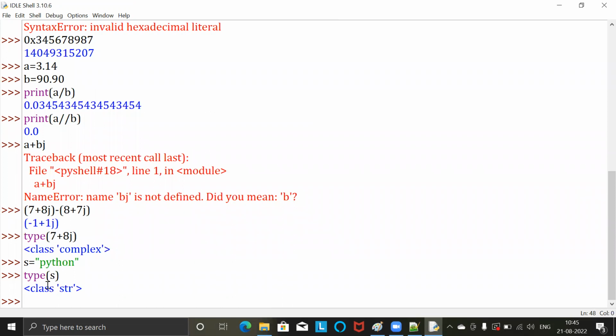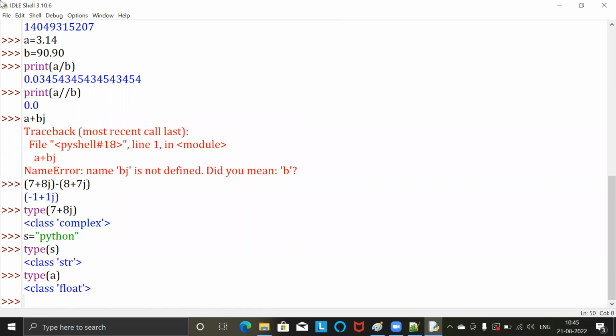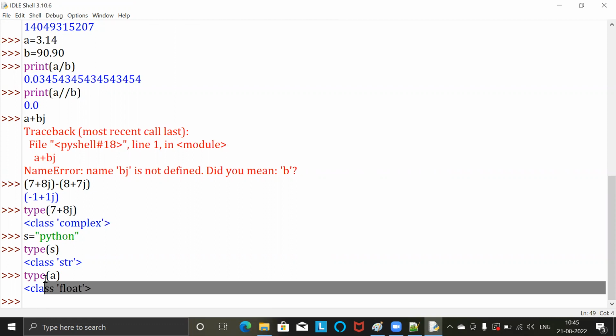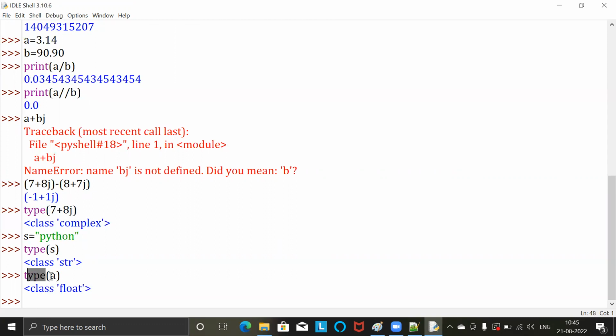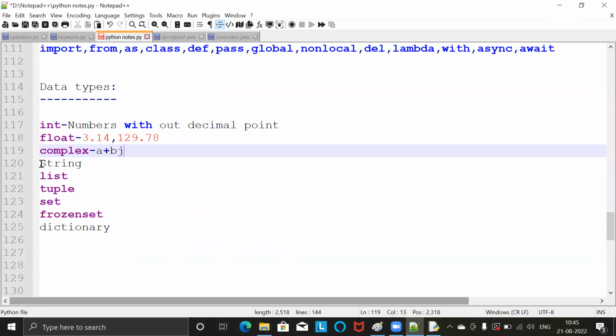Like that, this type keyword is used to show which type of data it is, and type of A. Here A value is float because here I have taken A value 3.14, so it returns float. The usage of the type keyword is it shows which type of data it is, and that's about the first three data types. In a later section, I will discuss the remaining data types. Thank you.